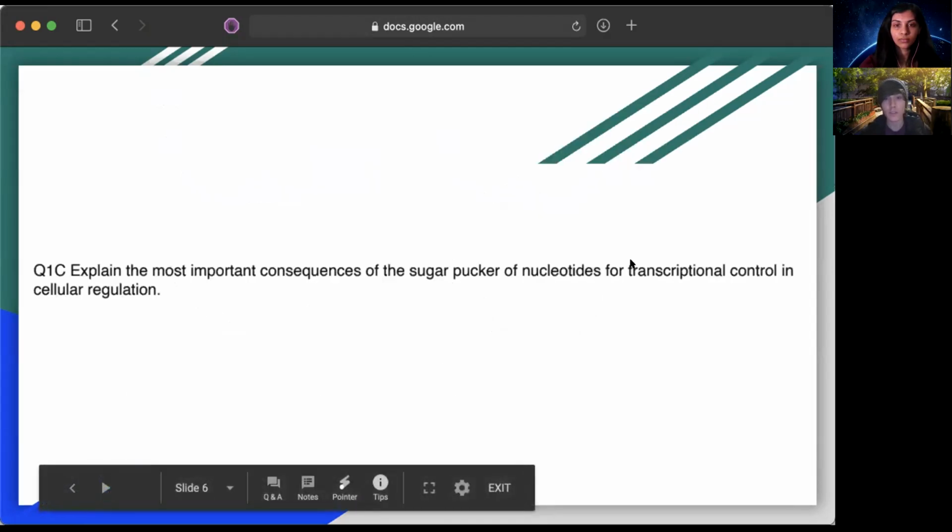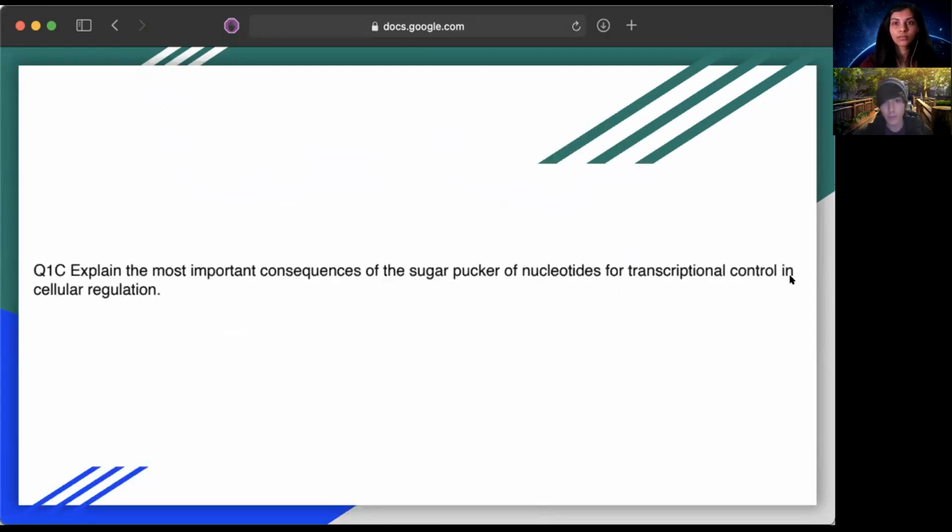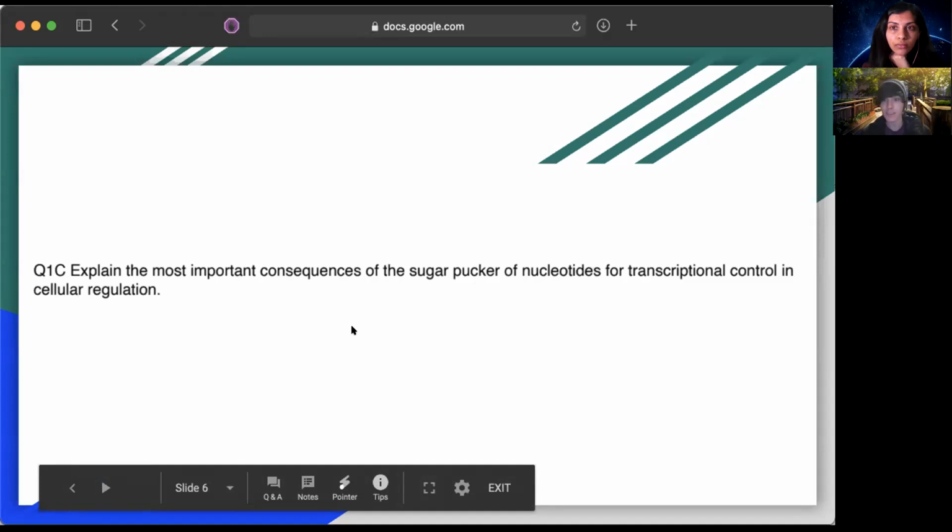So for this question, it's important to realize that transcriptional control is going to be a protein-mediated interaction with DNA. And you have to think about how that is going to vary depending on the sugar pucker itself. Do you guys have any idea what would make that the case?